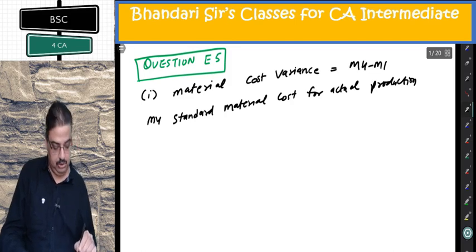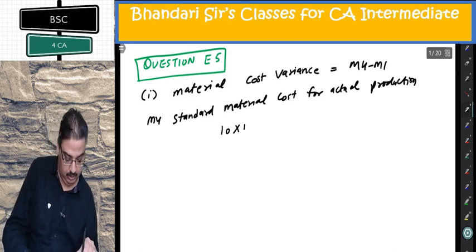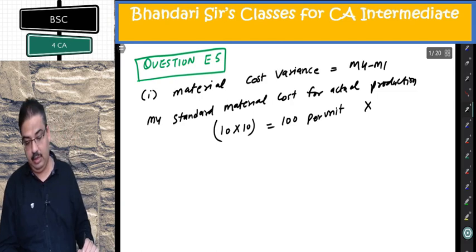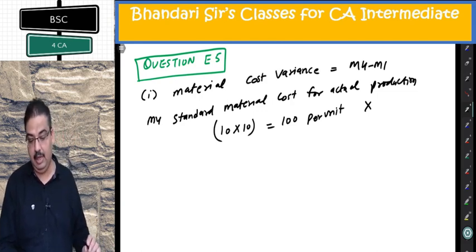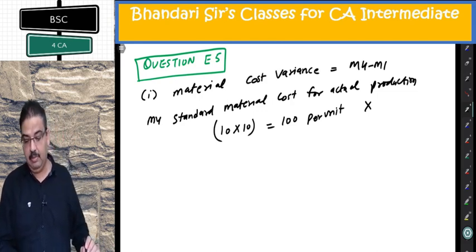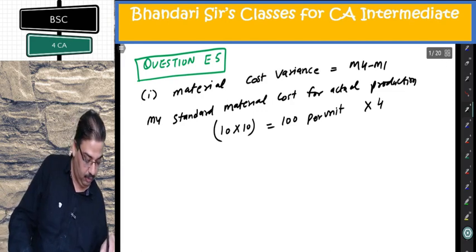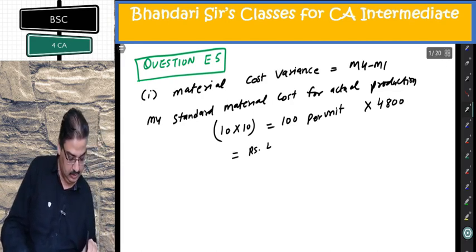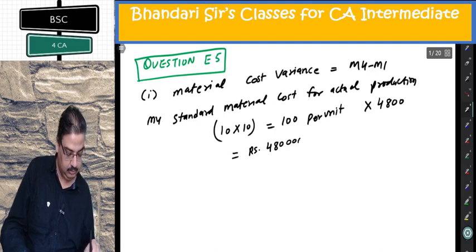I look at the question, it is 10 into 10, 100 per unit, multiplied by actual output in units. Standard cost per unit I computed 100 multiplied by actual production given there 4800. So this becomes rupees 4,80,000.